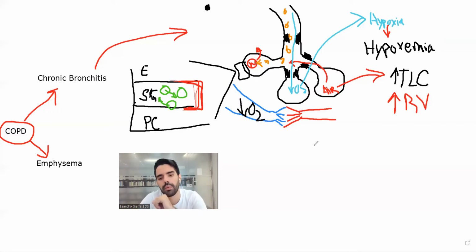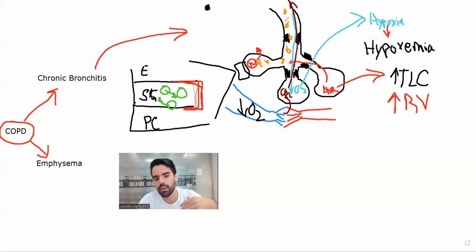But what happened with the CO2? You know that the CO2 has to pass through the capillary to the alveoli. It's going to do the totally opposite of the oxygen, to go from the alveoli out of the body.